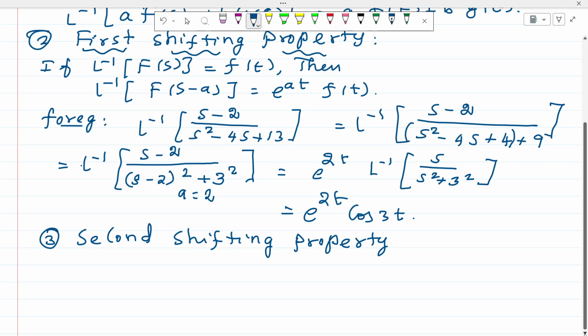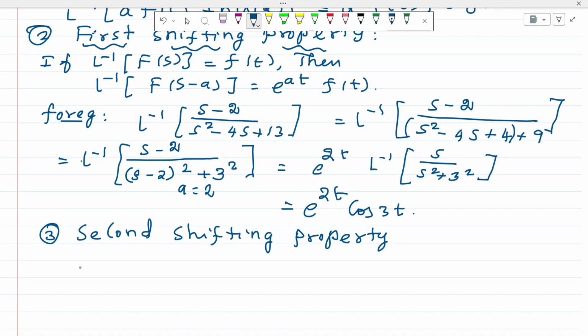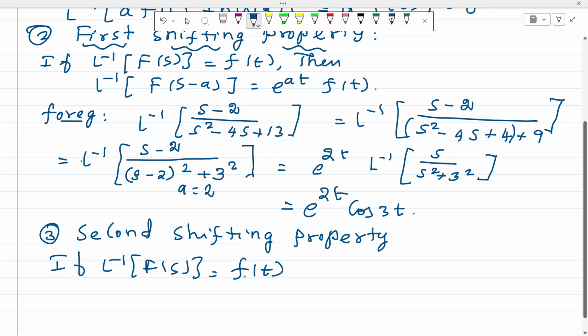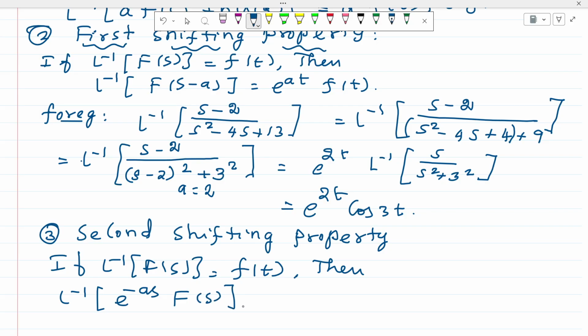The second shifting property of inverse Laplace transform is: if L inverse of f of s equals f of t, then L inverse of e power minus as f of s is equal to f of t minus a, when t greater than a, and 0 when t is less than a.